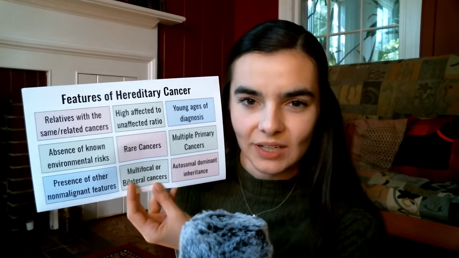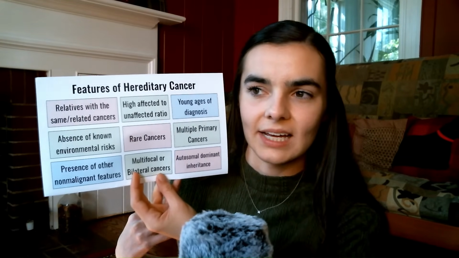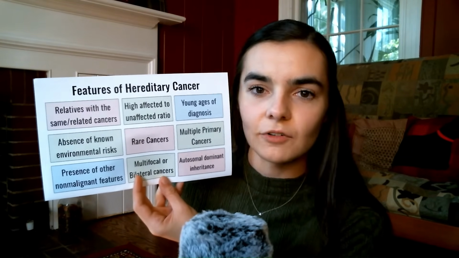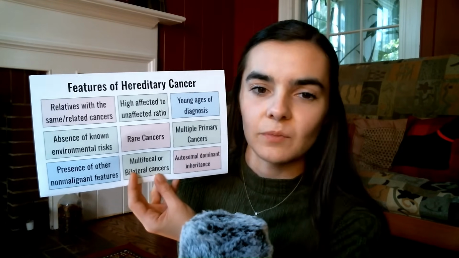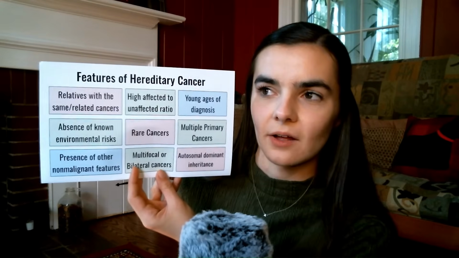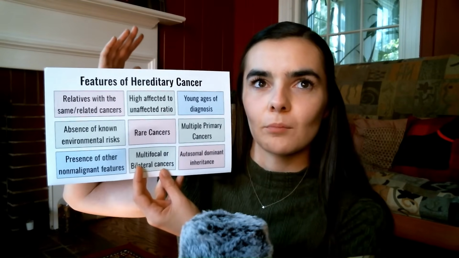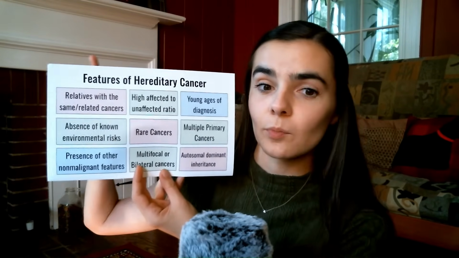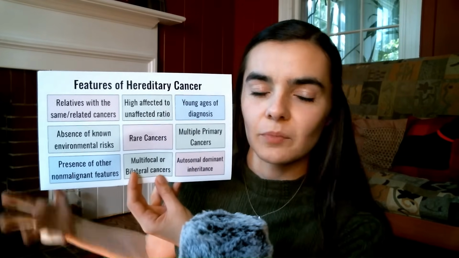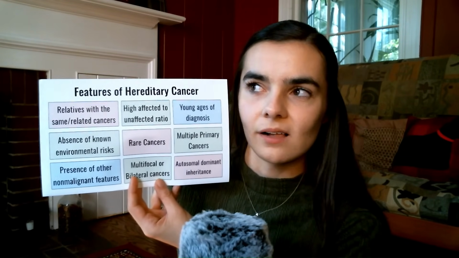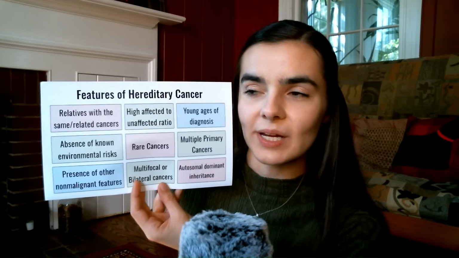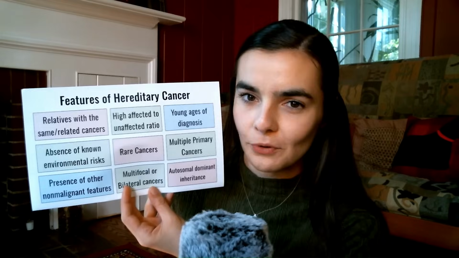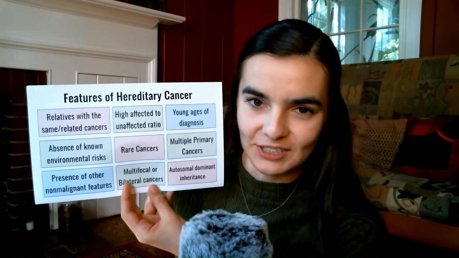I can't tell you how many times I've had people come in and say that they have a really strong family history of breast cancer, and when we draw the family tree, it turns out that it was their maternal grandmother and their paternal grandmother that both had breast cancer. Well, that's unfortunate. That maybe increases your risk a little bit, but your 2 grandmothers are not related to each other.